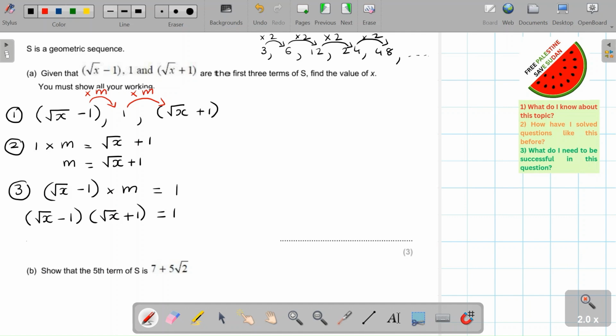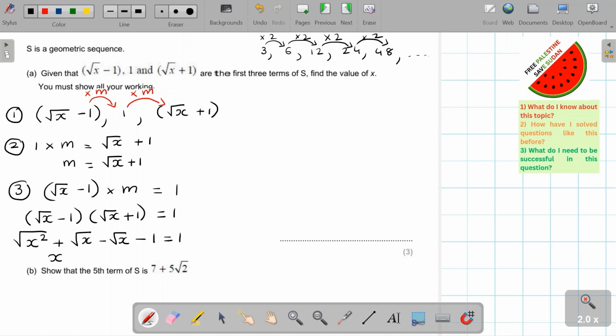Now I expand this. So root x times root x will be x, or you can even do it as root x squared if you want, and then simplify it later. Root x times 1 is root x. Minus 1 times root x is minus root x, and then minus 1 times 1 is minus 1, which will give you x, because square root of x squared is x.